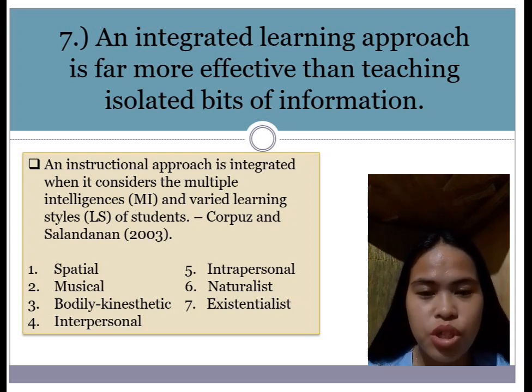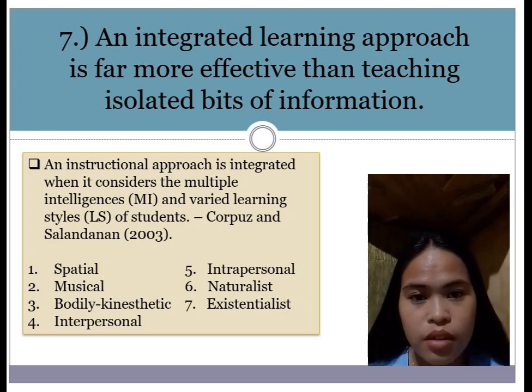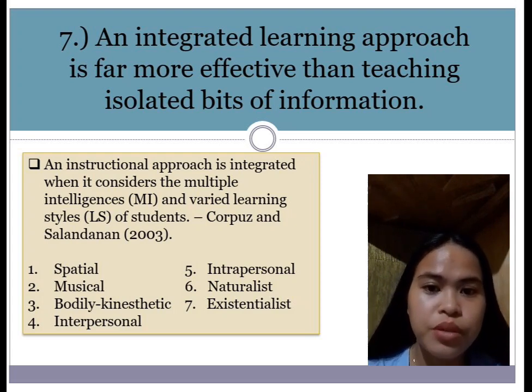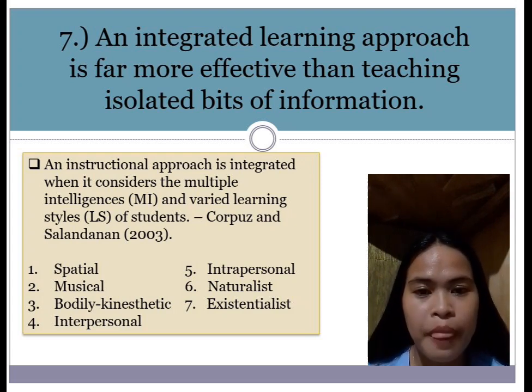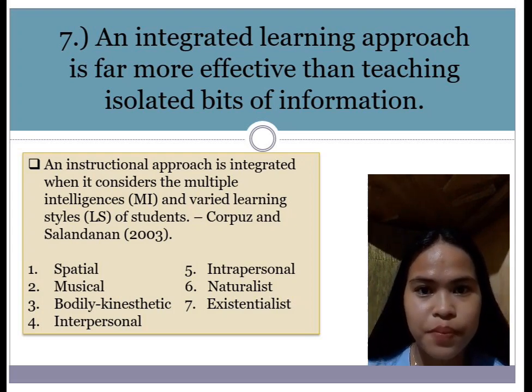For effective teaching, it is imperative on our part to possess a repertoire of teaching and testing strategies and techniques to reach a full range of students with, of course, varied learning styles and multiple intelligences.